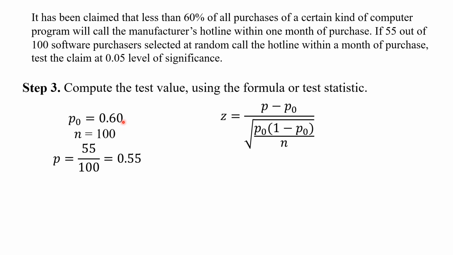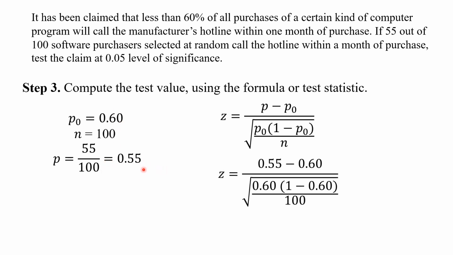Okay, so now let's substitute all this given to the formula. Okay, so Z is equal to, yung P natin is 0.55 minus, yung P sub 0 natin is 0.60 all over square root of P sub 0 is 0.60 times the quantity of 1 minus 0.60 over 100.